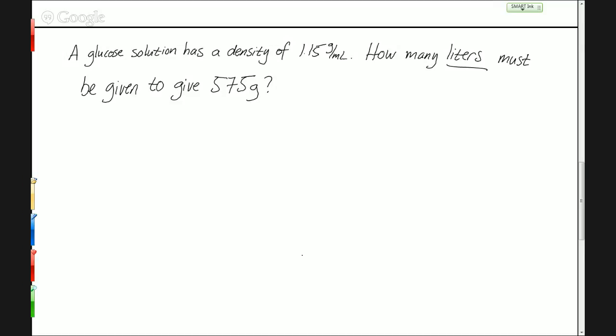One thing I saw as I was looking at your papers, which I do just because then I can address things, some people seemed like they were struggling with deciding what number you start with. Do you start with that density number, or do you start with that 575 number? How did you make that decision? Which number should you start with and why?